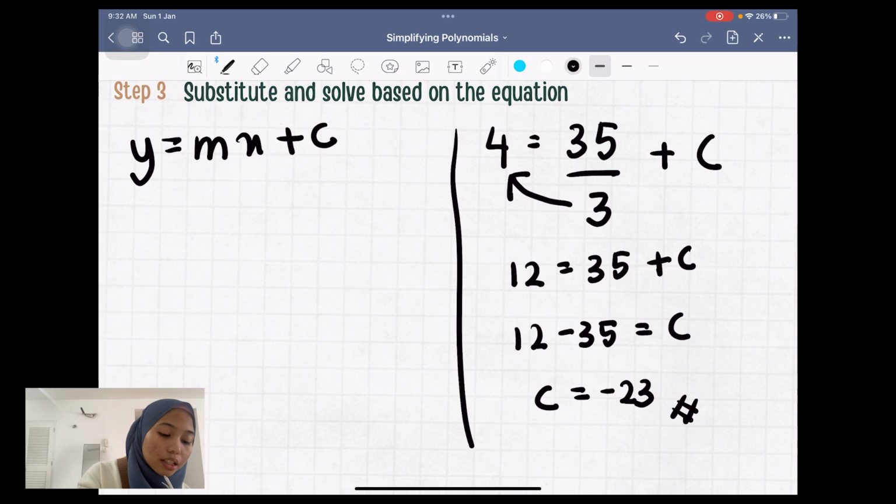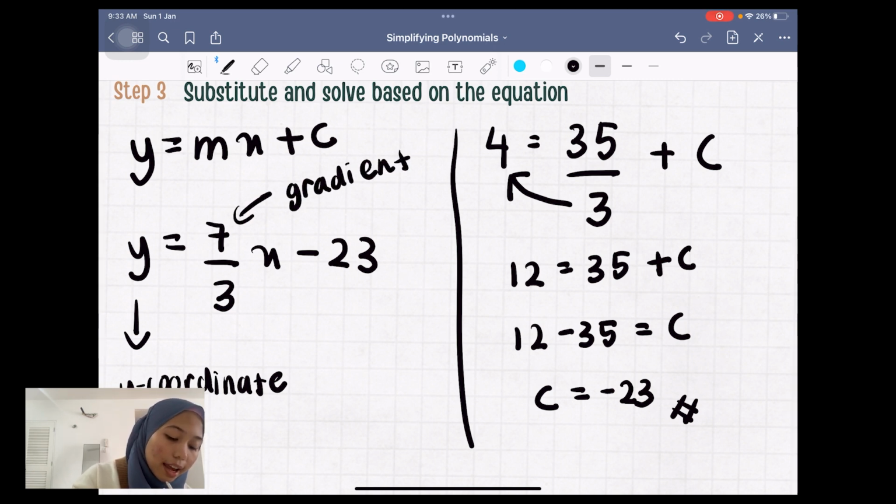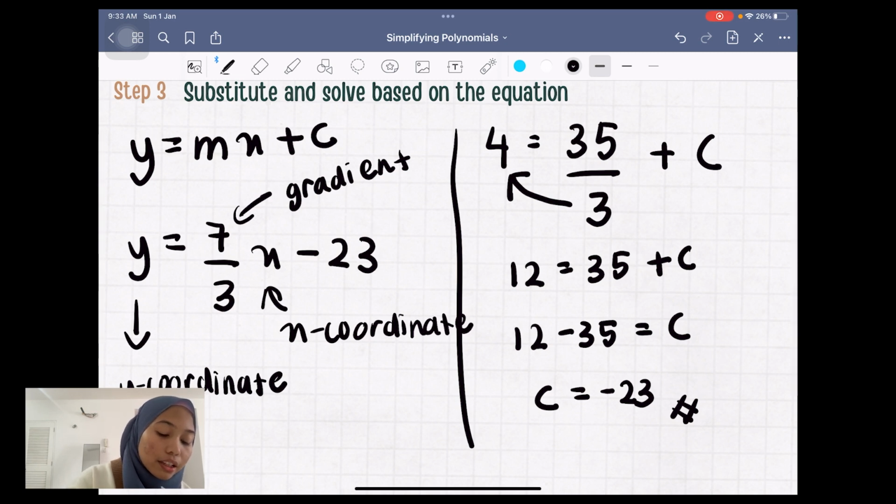So the final answer is y equal to 7 over 3 x minus 23. y is the y coordinate. 7 over 3 is the gradient. x is the x coordinate. Negative 23 is the y-intercept.